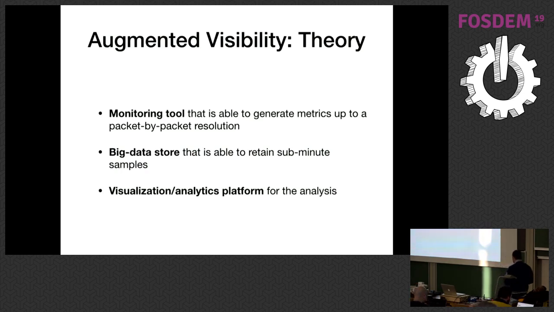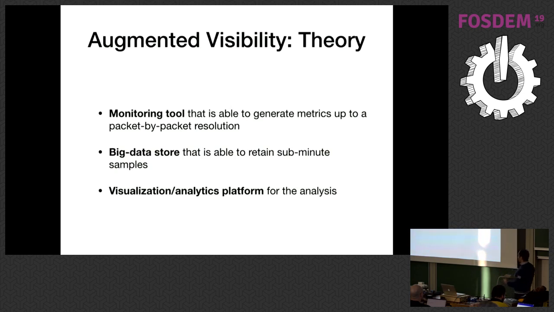We need software that can do the monitoring and that can see the packets, so it can generate high resolution metrics. Then we need a data store that is able to ingest high resolution metrics and provide timely responses to the queries.